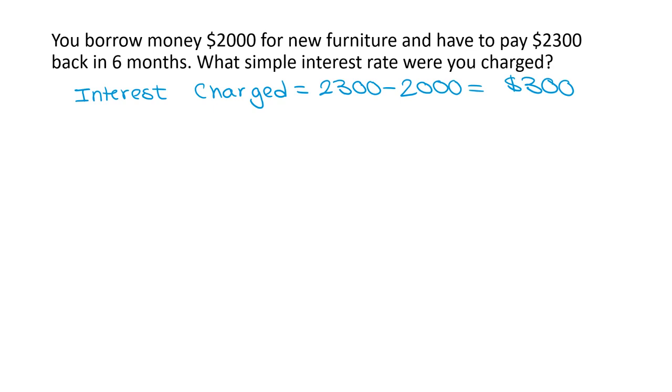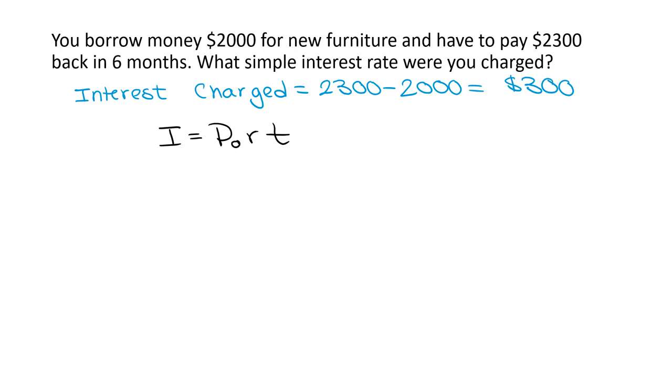If we borrowed $2,000, but we paid back the loan with $2,300, that difference, $2,300 minus $2,000, gives me the interest that I paid. So I paid $300 in interest.